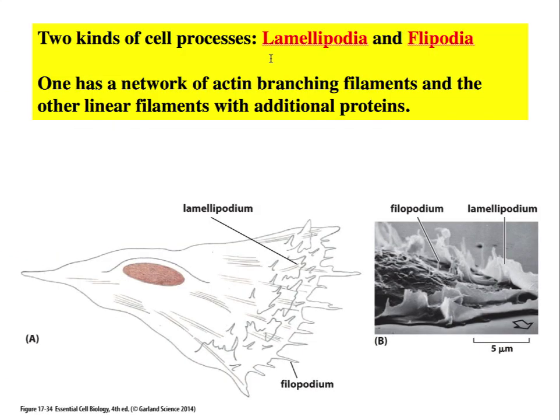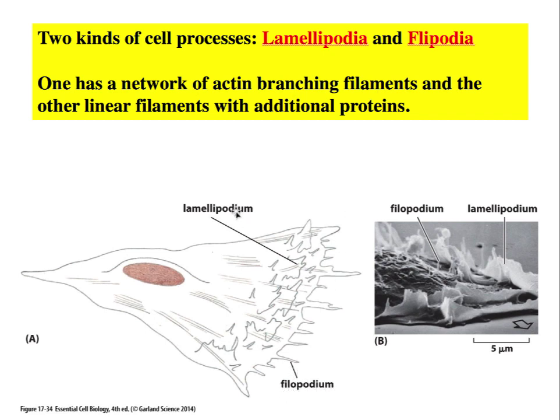Students need to learn two different processes that can form at the leading edge of a motile cell. The large structures are called lamellipodium, whereas the small finger-like protrusions that you see here and indicated on the subsequent slide, those are called filopodium.